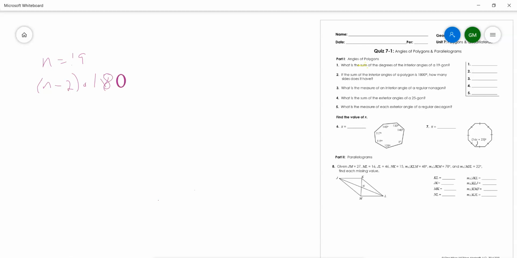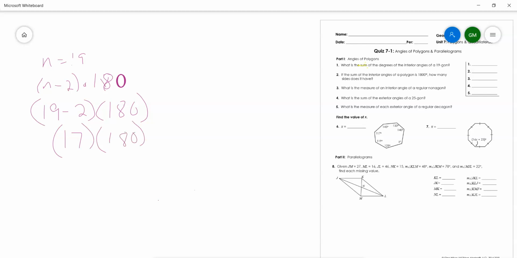So we have 19 for n, minus 2, times 180. And 19 minus 2 is 17 times 180.